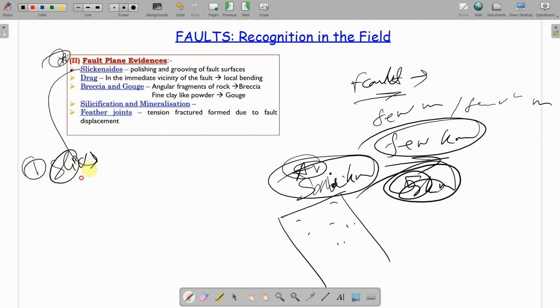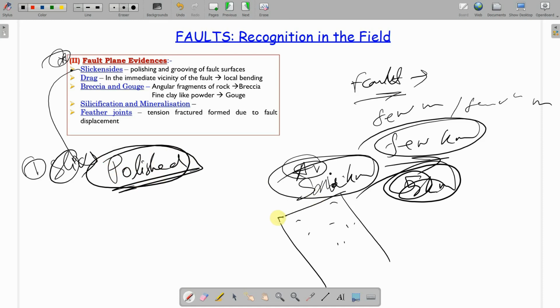So what do you mean by slickenside? Suppose a large block of rock is dragging on a plane. Due to gravity, two things will happen. One, the plane will be polished, it will be smooth.